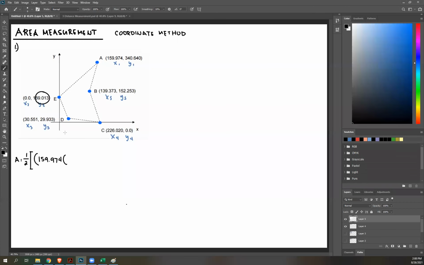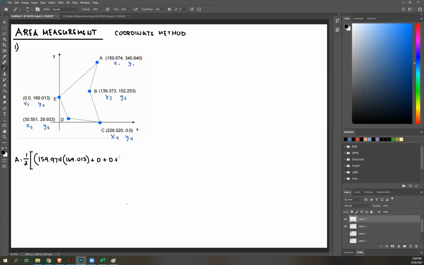So y2 would be 169.013, and then plus x2, which is 0, and whatever it multiplies to is 0. So I'll just write it as 0 to save space, and then plus x3. So again, that's 30.551 times 0. So I'll just write that as 0.